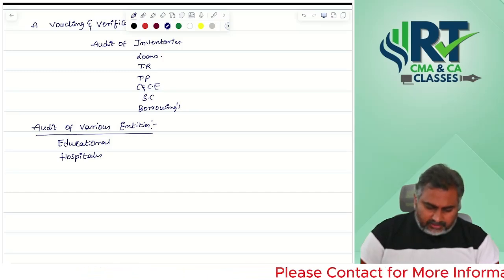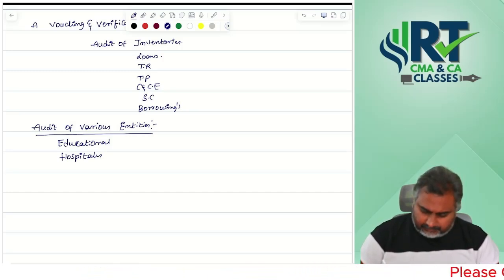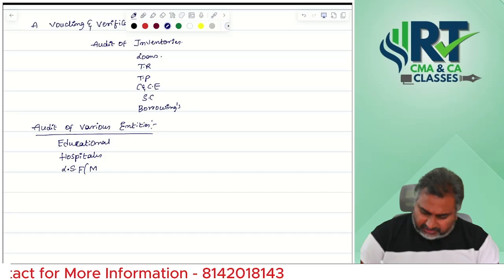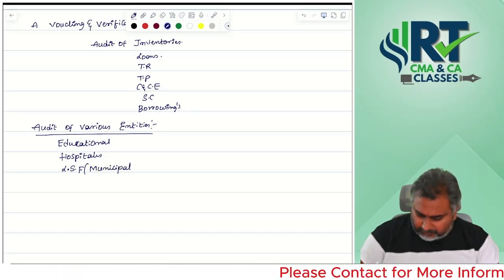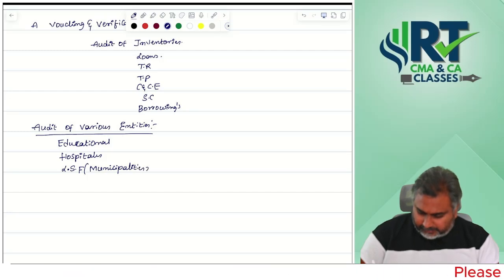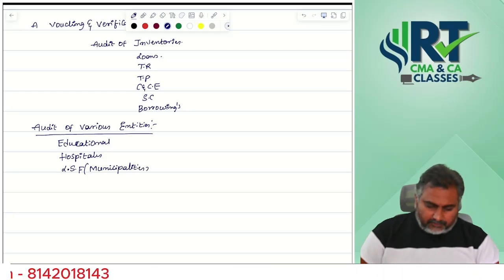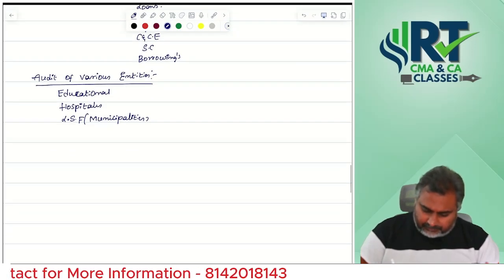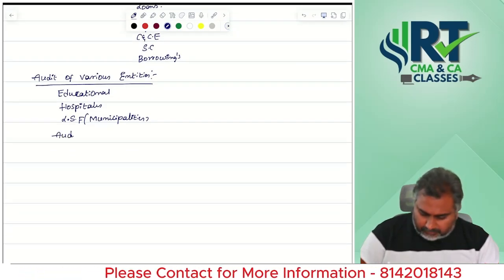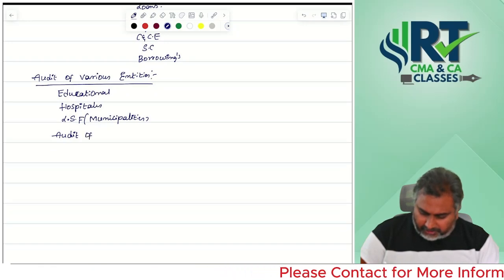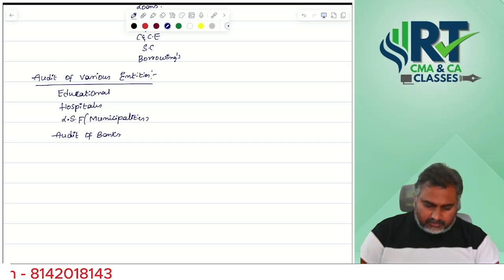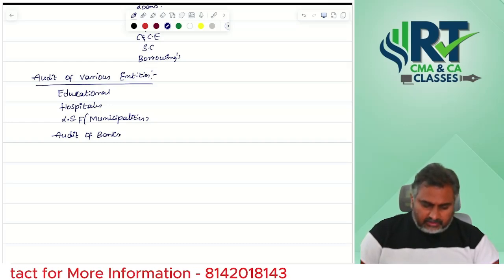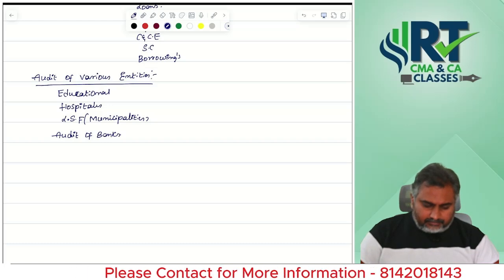Next go with local self-governments like municipalities. That is the area you can focus on. Next, audit of banks, you need to focus.